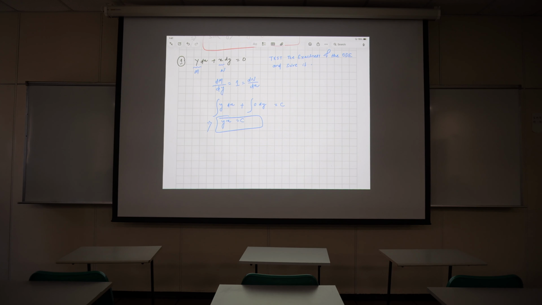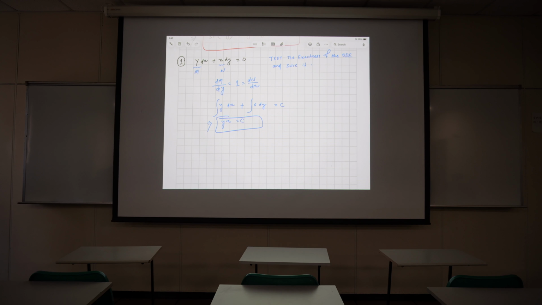Why did I put 0 here? Because there is a term x. That's why I put 0. Even if I do not put anything, that's also fine. But if you do not put 0, then it will be treated as 1.